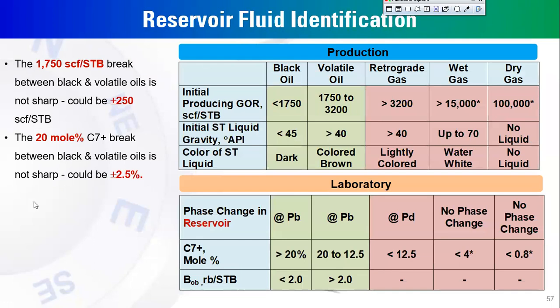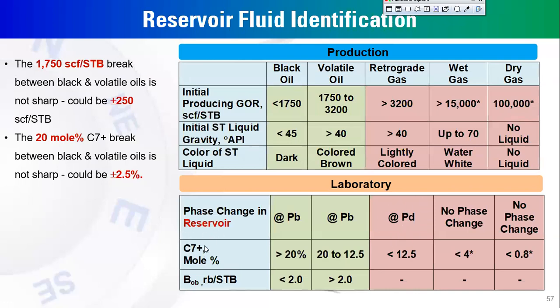And this is the standard schema and guidelines defined by McCain using production data and lab experiments, such as initial producing gas oil ratio and stock tank oil gravity API, and for lab, the phase change: for black oil system the phase change at bubble point, but for retrograde gas condensate the phase change at the dew point.